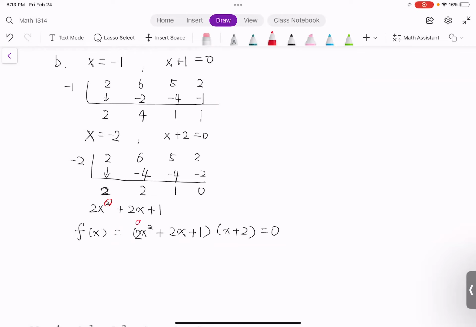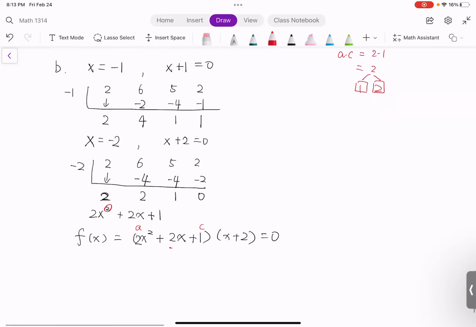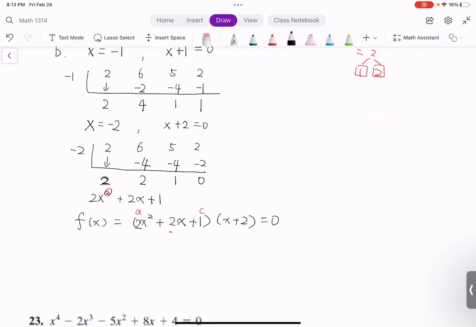Okay, here is A, here is C. Maybe we can borrow some space here. A times C equals 2 times 1. That's 2. And then find 2 factors whose addition can make a 2 here. 1, 2. That's it. Or -1, -2. I tried many couples, but I cannot make an addition +2. That means I must use quadratic formula.